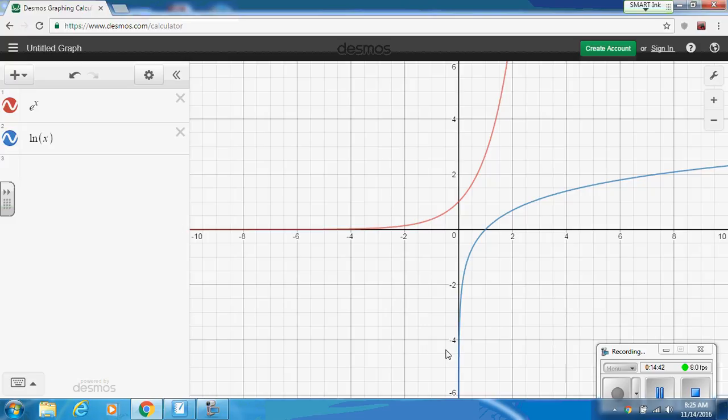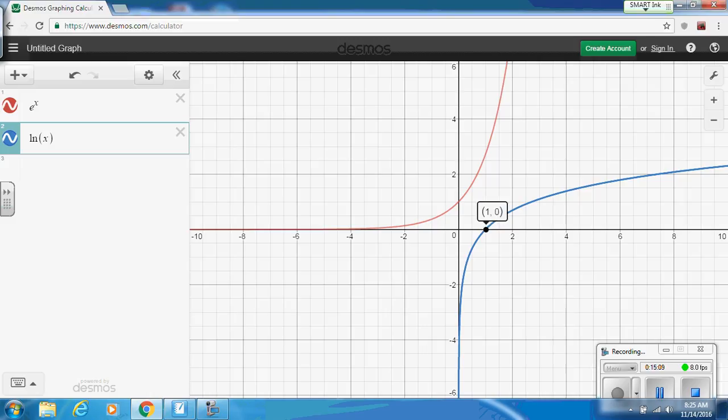The red one is e to the x, the blue one is the natural log of x. You can see they're inverses. Remember, on an inverse function, the x's become the y's and the y's become the x's. Look at this point: the y-intercept at 0, 1. Over here, it's an x-intercept at 1, 0. They just switch.